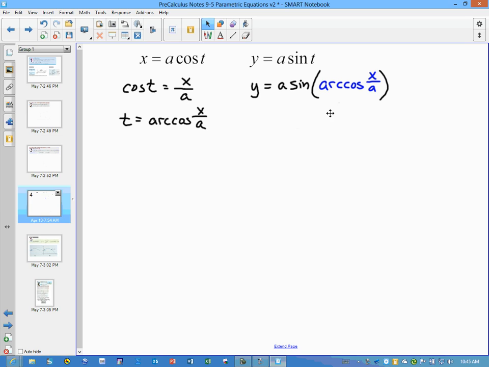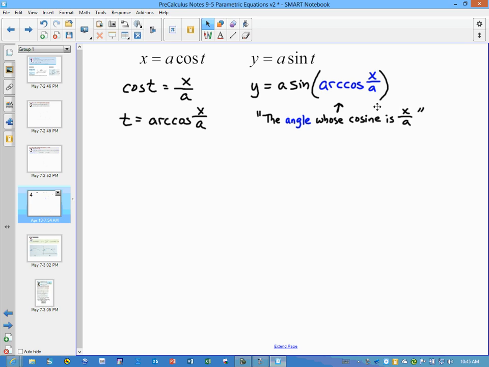Remember that geometrically, trig values represent the length of a segment, and inverse trig values represent an angle. And your argument is an angle. So more specifically, this argument here represents the angle whose cosine is x over a. That's how we read arc cosine. It's the angle whose cosine is x over a.